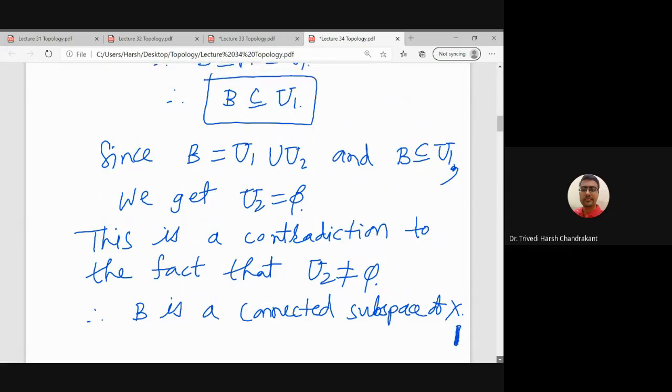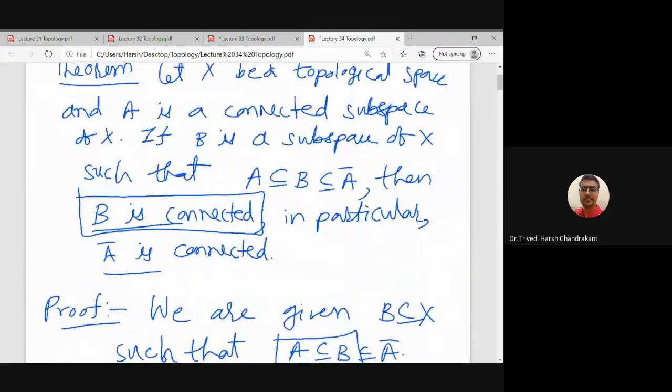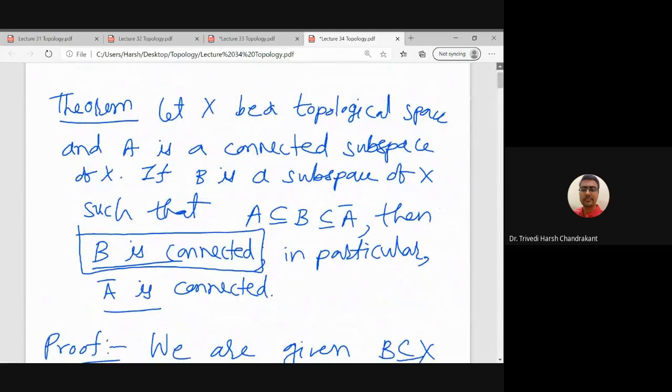This result is very important for the examples. So let us go back to the statement again. This result says that if I have a topological space X in which some set A is connected, then any set B in between the connected set A and its closure is always connected.